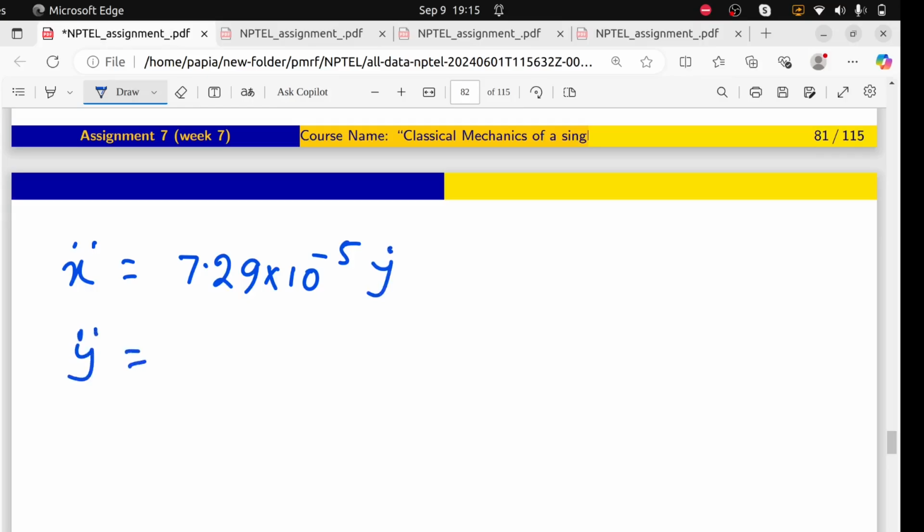Y double dot can be written as minus 7.29 into 10 to the power minus 5 times x dot plus root 3 z dot.